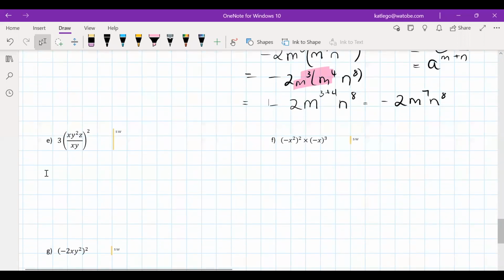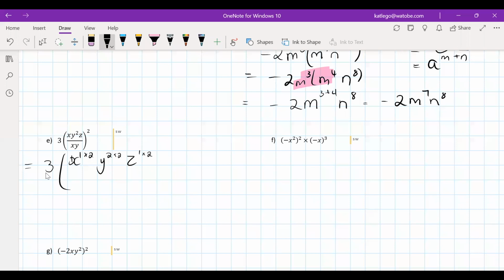Let's hear. Okay, so we're going to say x to the power 1, the invisible 1, times 2, y to the power 2 times 2, z to the power 1 times 2, all over.